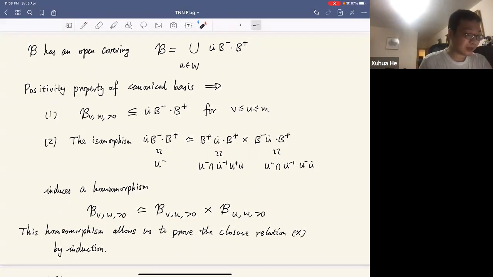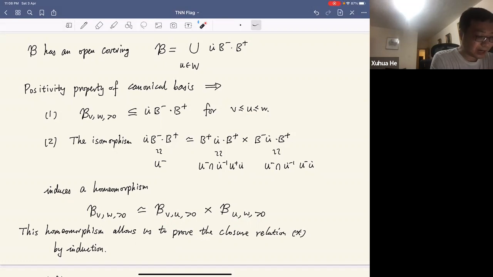And this is very useful for understanding the closure relations. Because we have this U lying between V and W, presumably these two will have smaller dimension, and the closure relations are understood.